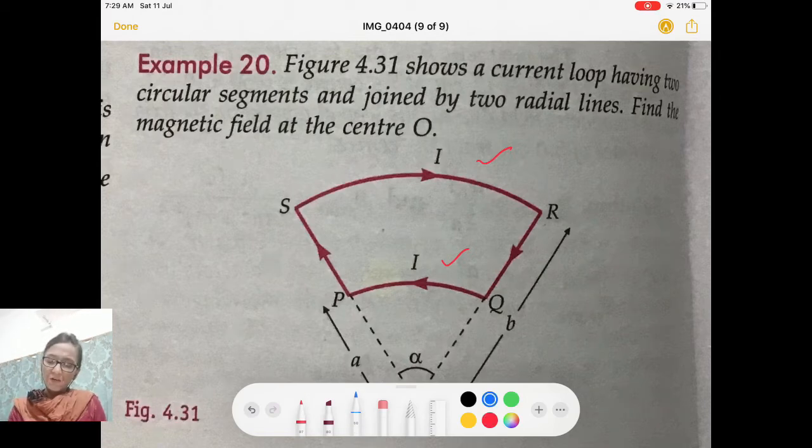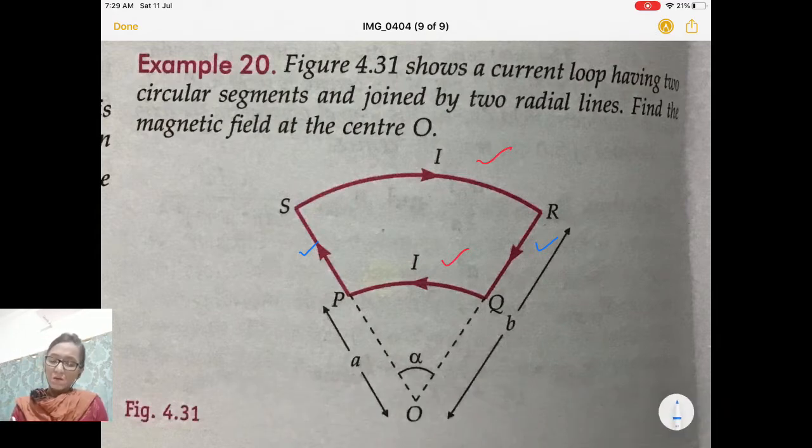These are your two radial lines. Find the magnetic field at the center O. You have to find the magnetic field at this very point.